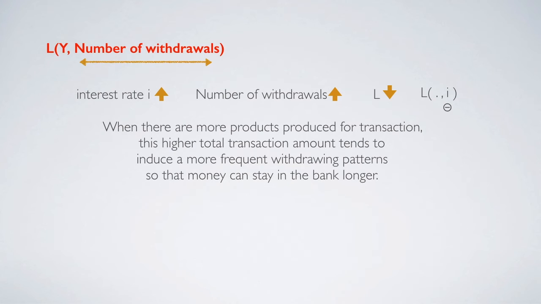So basically what we have here is that when the economy produces more units of real output, this means that it will require the household eventually to withdraw a higher amount of money for transaction. But because he's facing withdrawing a higher amount of money, it would make more sense that he increase his number of withdrawals so that this higher amount of the total spending can have more portion of it stay in the bank as long as possible to earn interest.